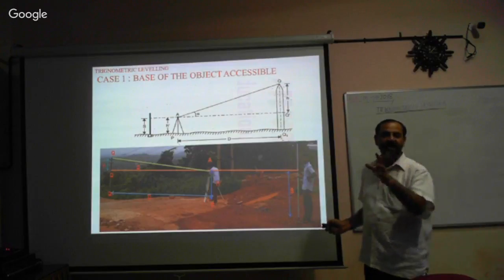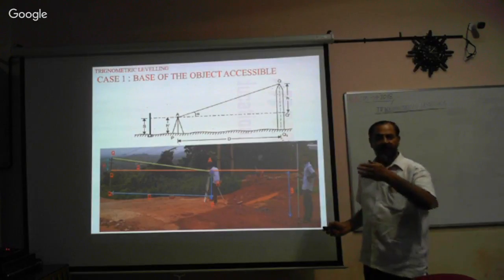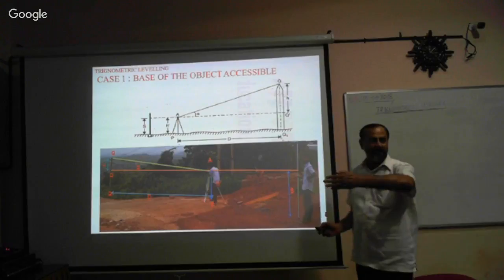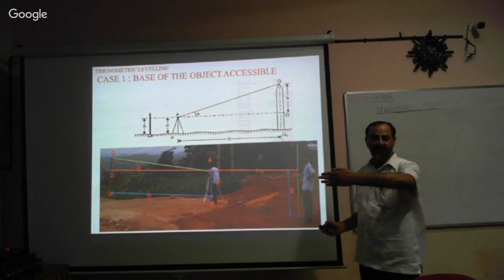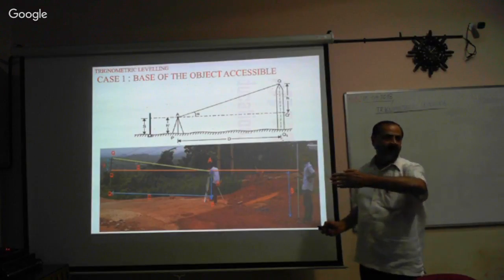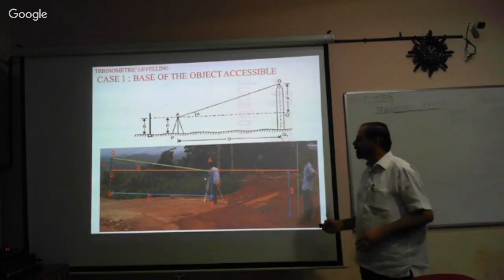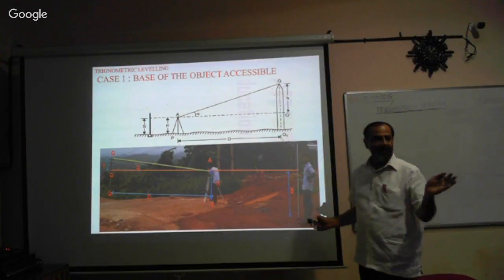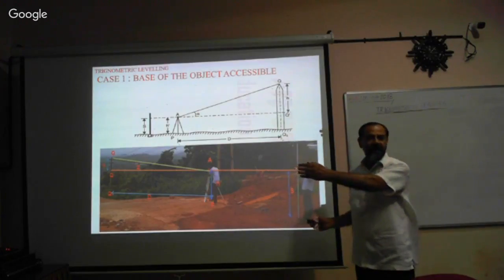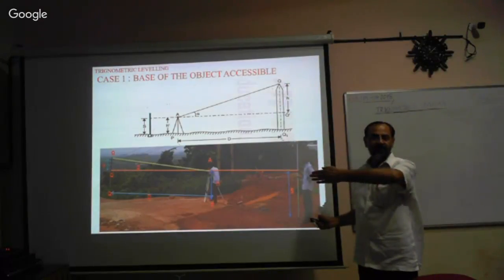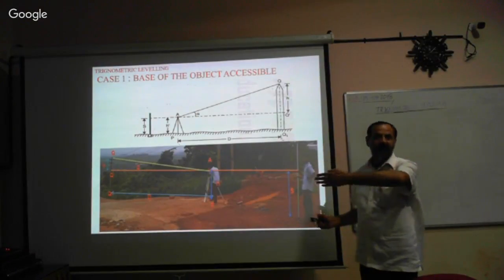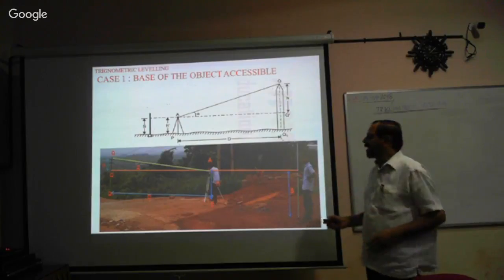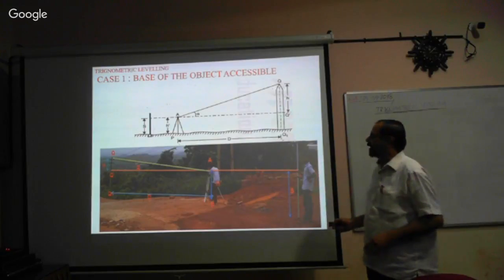Only then, when vernier C reads 0 and vernier D reads 0, the line of sight is truly horizontal.